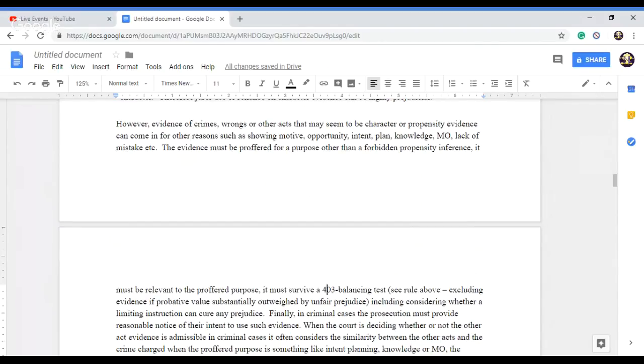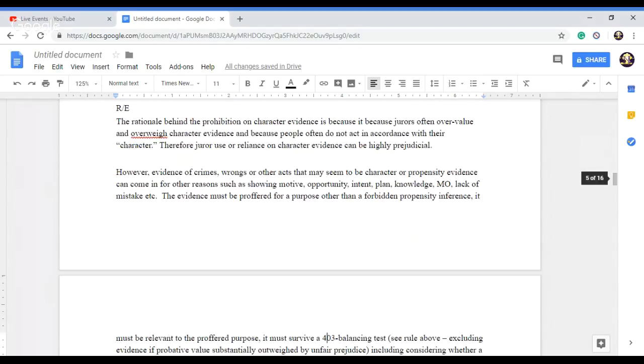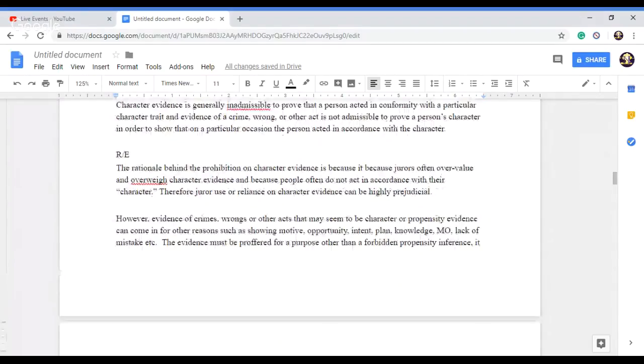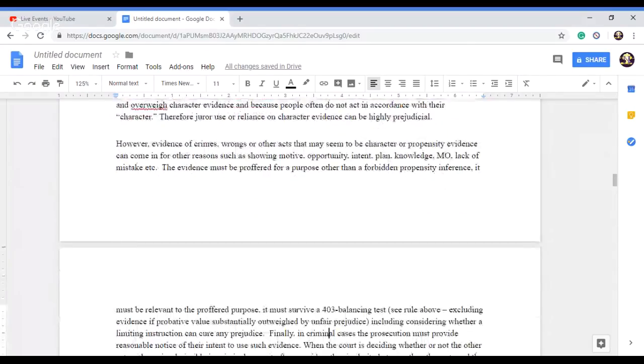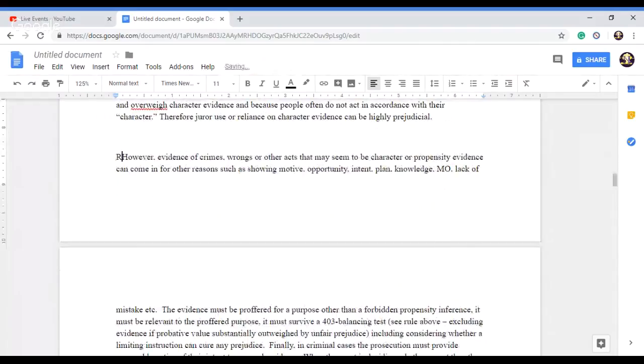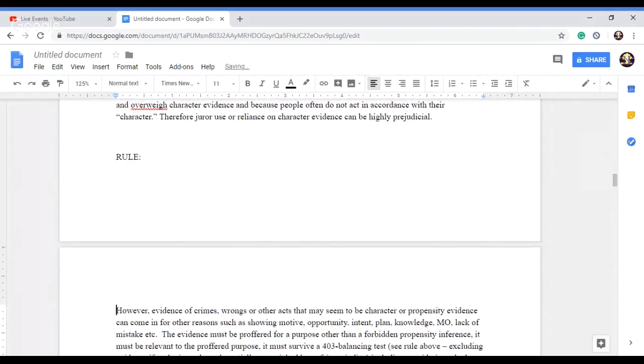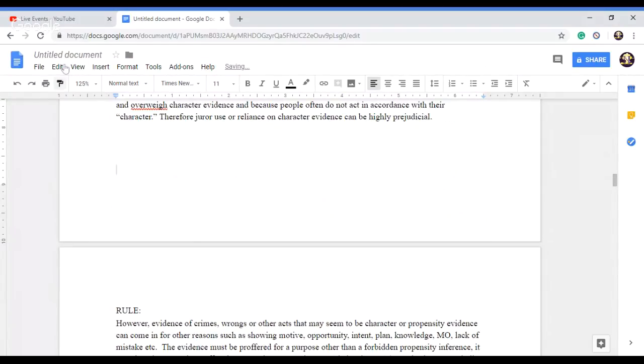It must be relevant to the proffered purpose. It must survive a balancing test. Okay. So now we're getting a little bit more into, it seems like, rule. So this is another rule, and this is still 404. Let me just make sure this is 404(b).